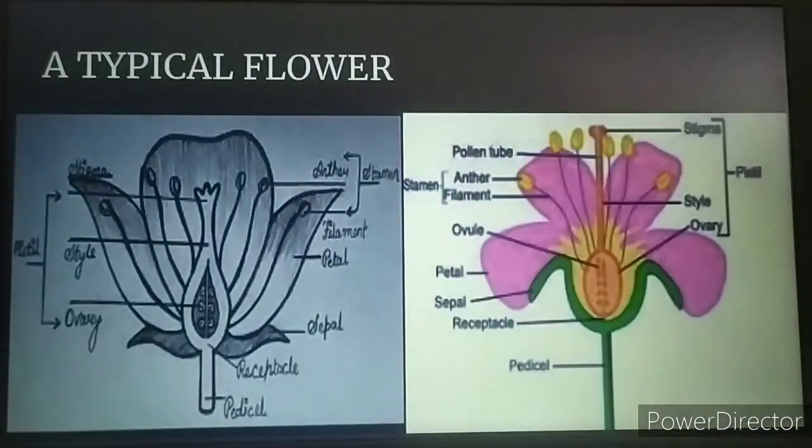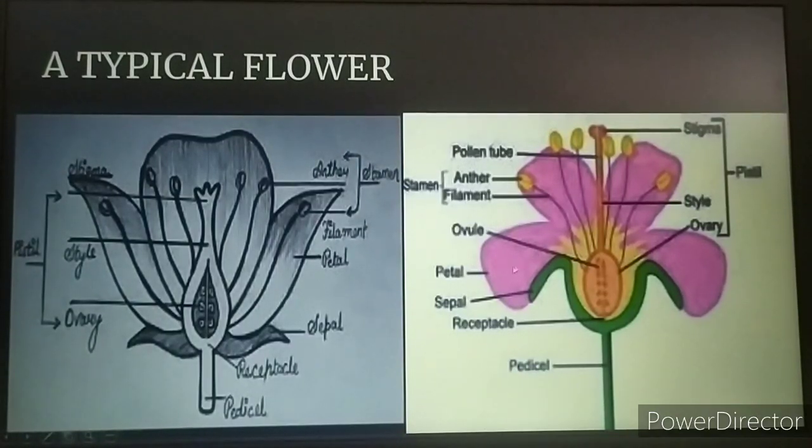The different parts of a flower are arranged in 4 whorls, namely calyx or sepals. As you can see here, this is the sepal, the green part. It is the sepal.